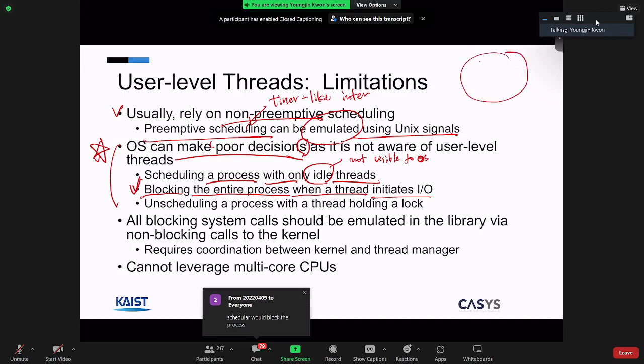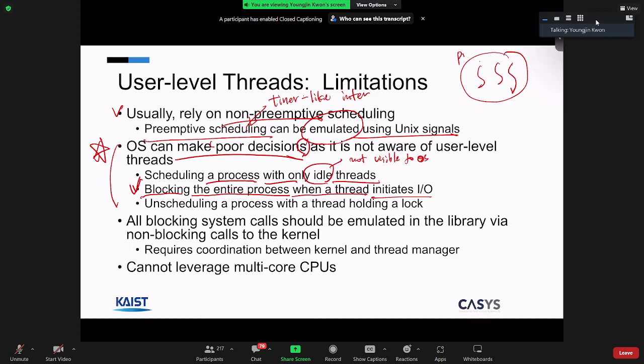Here's kind of the way. User level thread process: thread 1, thread 2, thread 3, and this is core 1. Okay, because the scheduler is implemented in the kernel, the kernel has one corresponding kernel thread here.